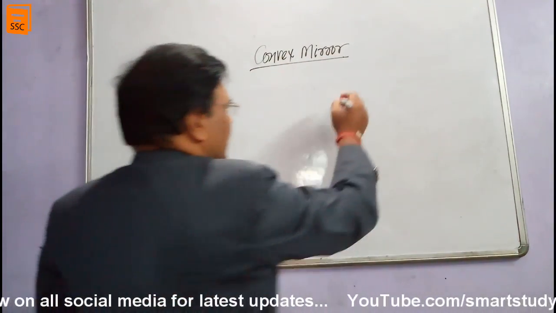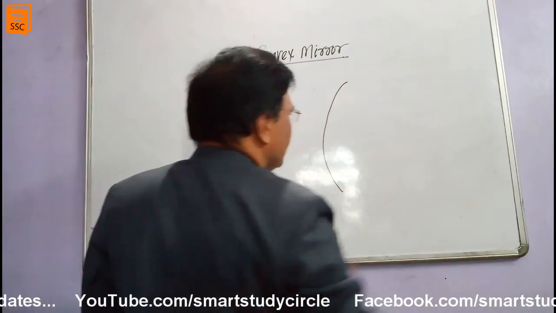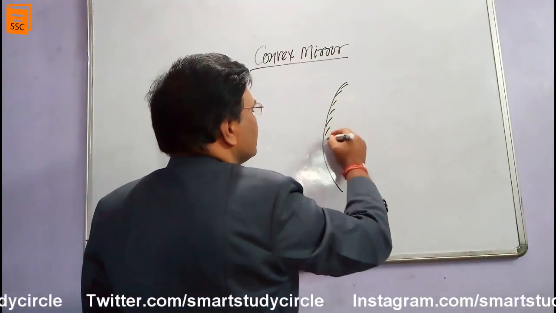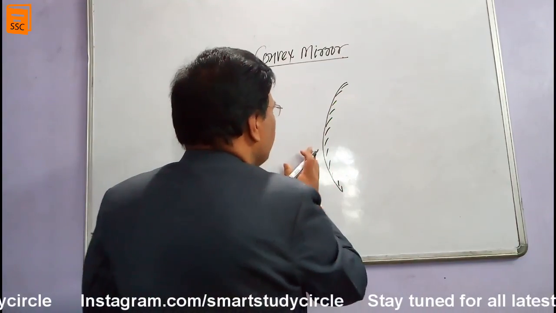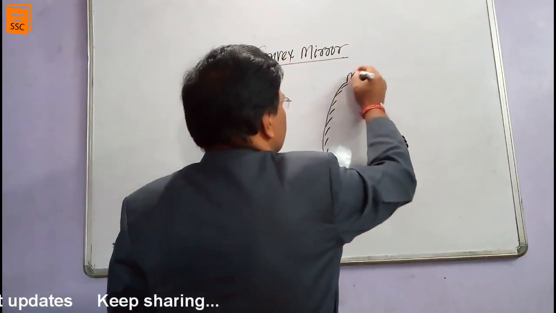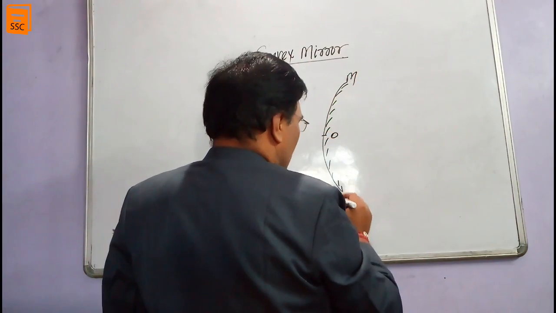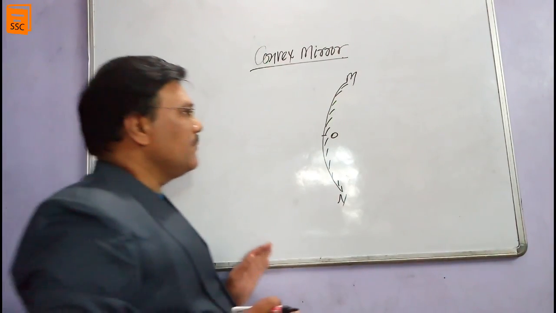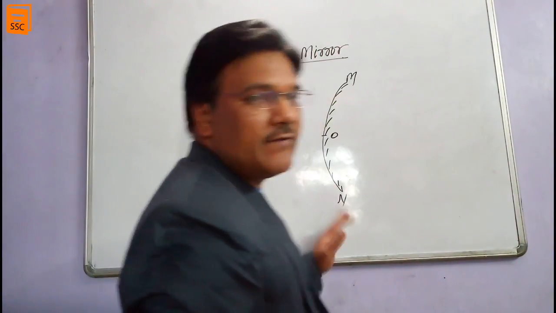What do we have? If the mirror is such that its deeper portion is painted and the oblique portion is bright, it is a convex mirror. M-O-N. Earlier, in the first video, the reverse was the concave mirror. Here is the formation of image in a convex mirror.